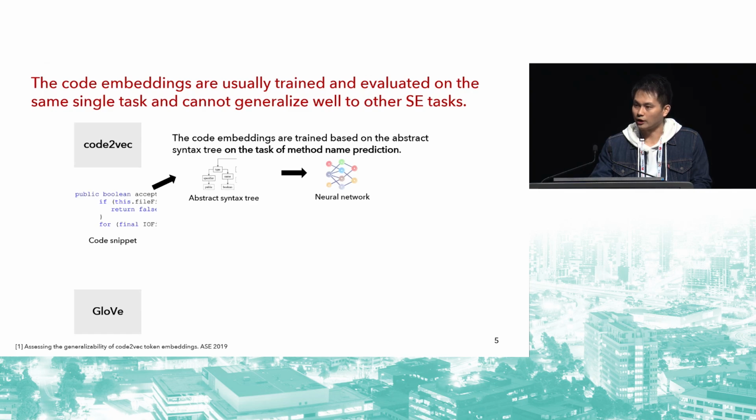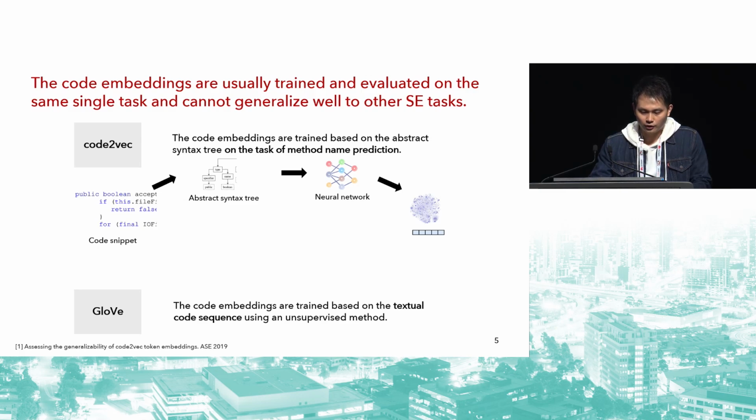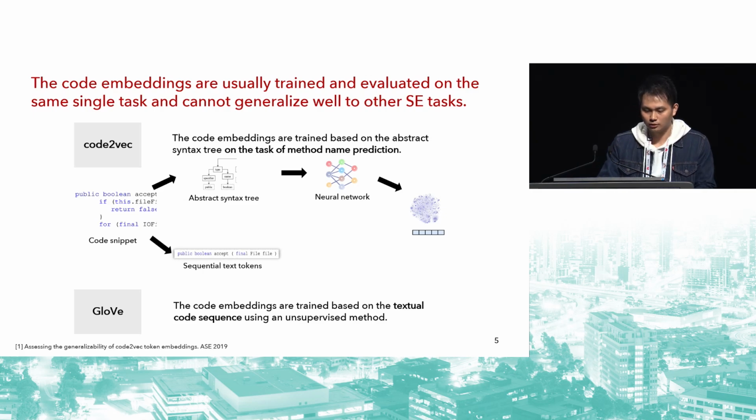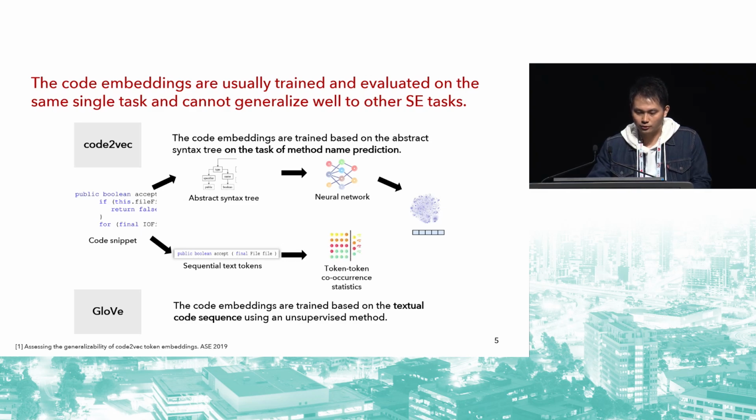Then we use a neural network to encode the tree into a vector representation of the source code. GloVe is trained on the textual representation of the source code, and it uses code token-to-token co-occurrence statistics to get vector representations.